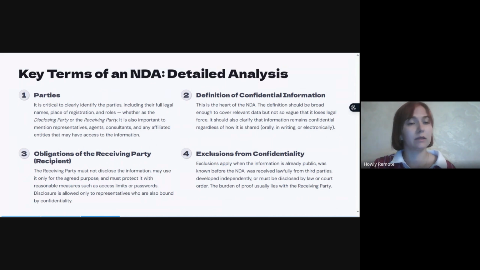An NDA also needs to explain when its rules do not apply.